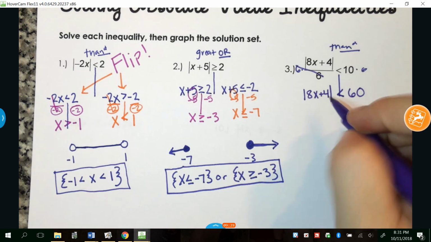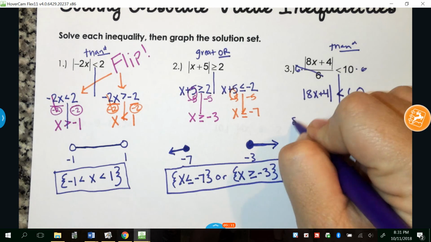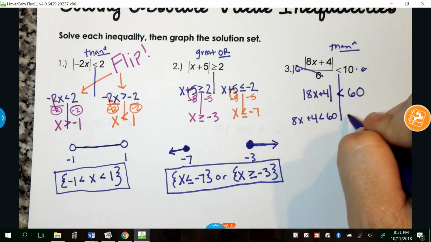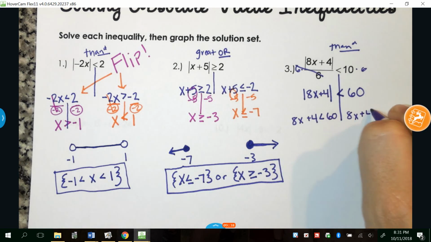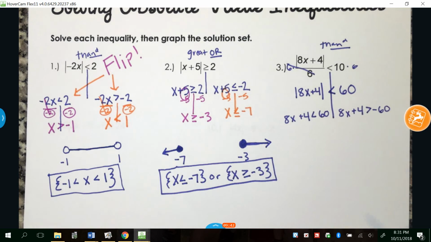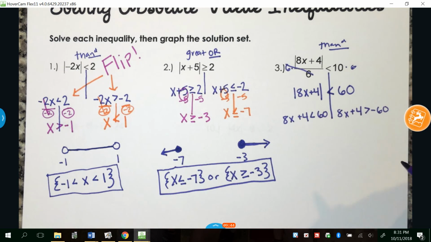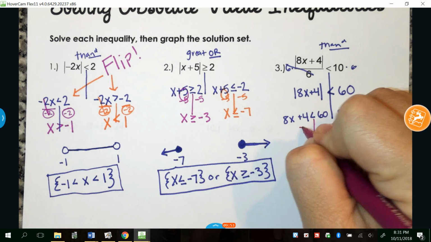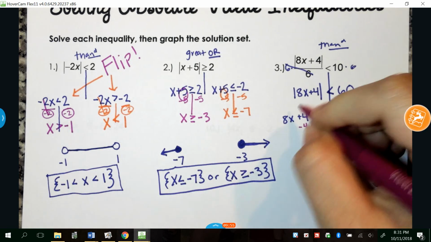So now I can separate. It's less than 60; opposite, opposite, the second time, 8x plus 4 is greater than -60. Okay. So now we solve. First things first, we have to get rid of addition or subtraction first. So I'm going to do -4, -4.